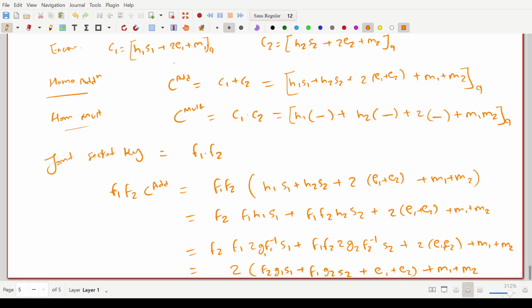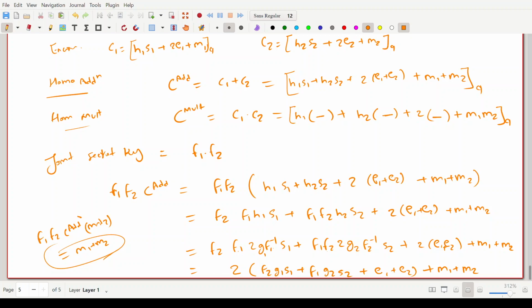At last you take this modulo 2. Everything else goes away, and I have just M1 plus M2. That is your decryption: F1 F2 C add modulo 2 gives you the message M1 plus M2. That means I got the message I wanted to compute, the addition of two messages.